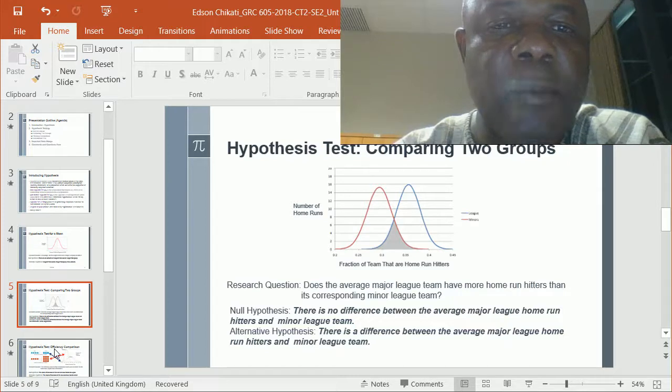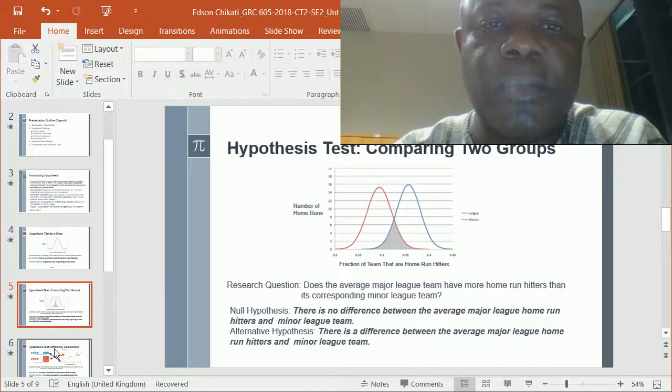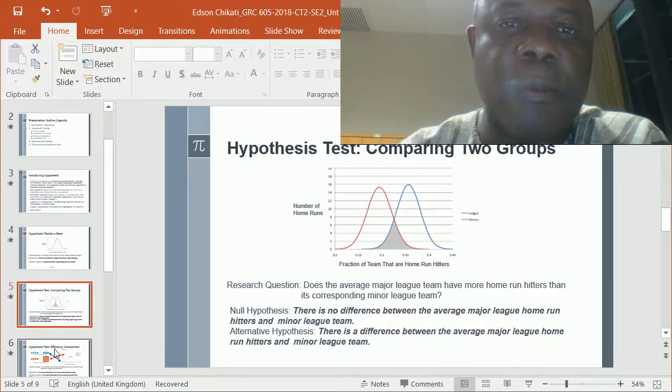My null hypothesis reads, there is no difference between the average major league home run hitters and the minor league team. The alternative hypothesis is, there is a difference between the average major league home run hitters and minor league team.